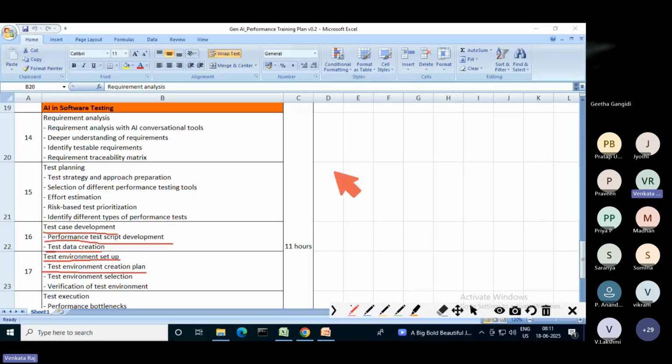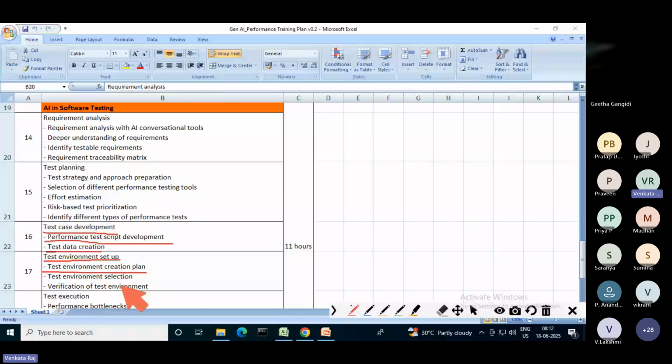Based on your requirements and your application landscape, you can interact with AI and generate a test environment. Okay, test environment selection. There can be different kinds of test environment for different scenarios, guys, and you can do that with the help of AI.